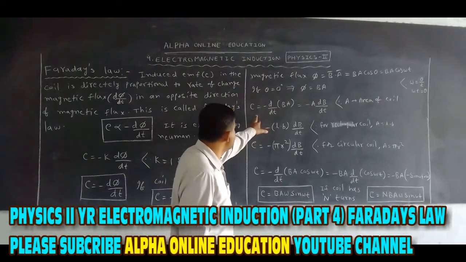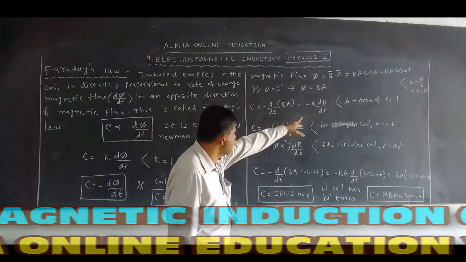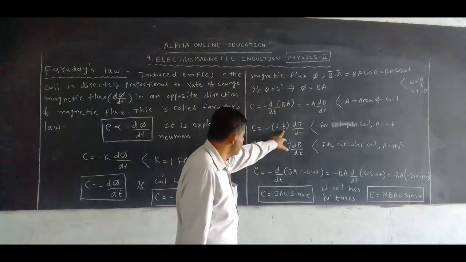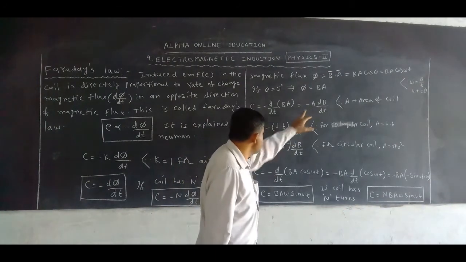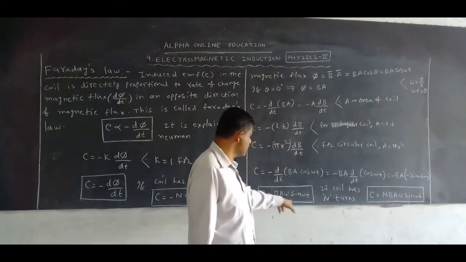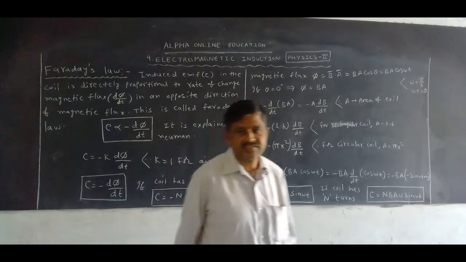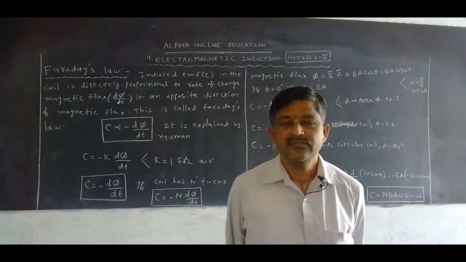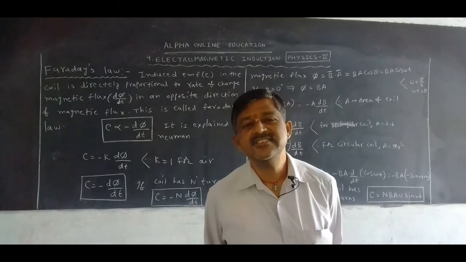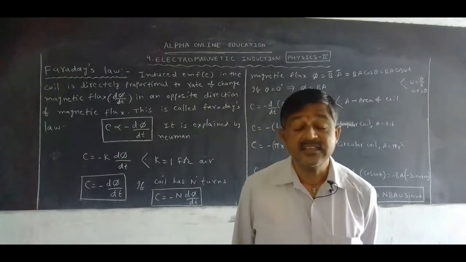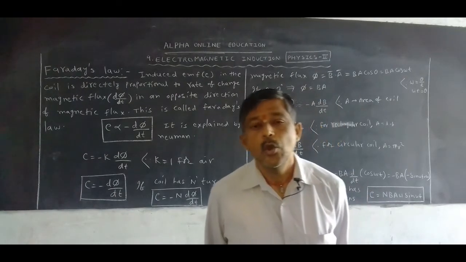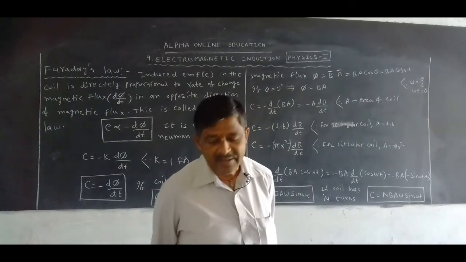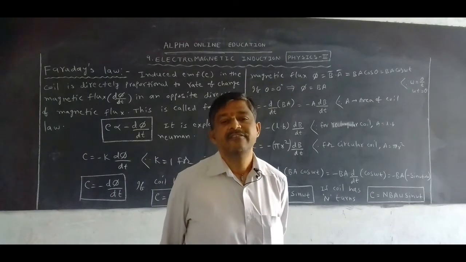Another equation, E is equal to minus A dB by dt, where for a rectangular coil A is L into B, and for a circular coil A is pi r square. Otherwise, E is equal to BA omega sin omega t, and for N turns, E is equal to NBA omega sin omega t. These are the mathematical expressions for Faraday's law.